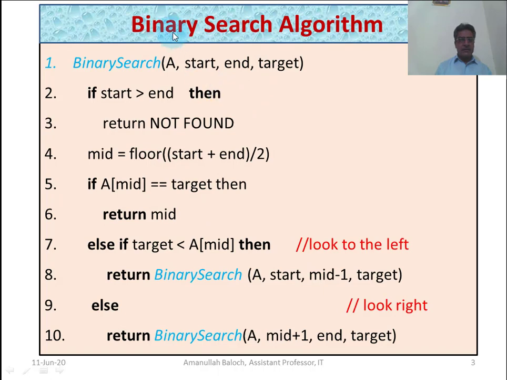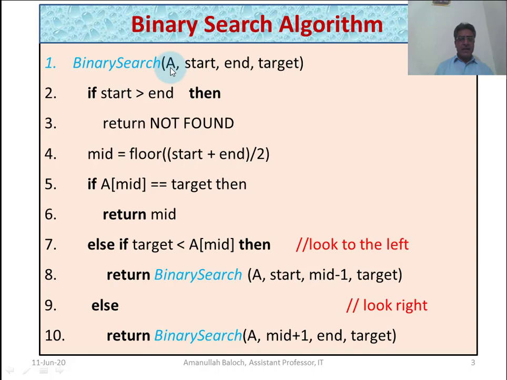The first topic of this lecture is the binary search algorithm. What is the binary search algorithm? This algorithm actually requires 4 arguments. These are the parameters A, start, end, and target. These 4 parameters will receive the 4 arguments.